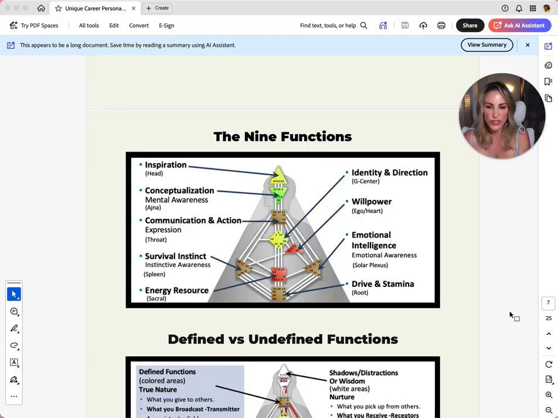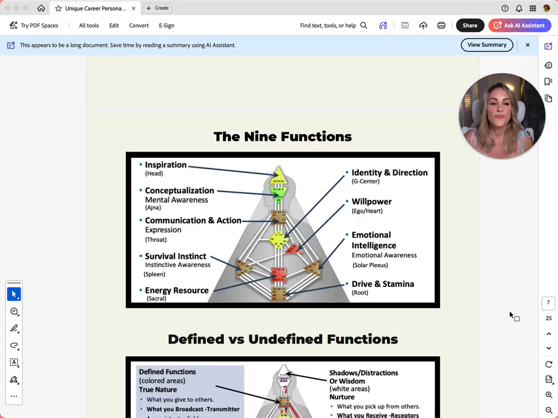Your spleen is your survival instinct, your instinctive awareness, your emotional intelligence, your willpower and your heart, your identity center, your communication, how you speak and your expression, and your conceptualization is the front of your brain, and then the head is like the gray matter of your brain.